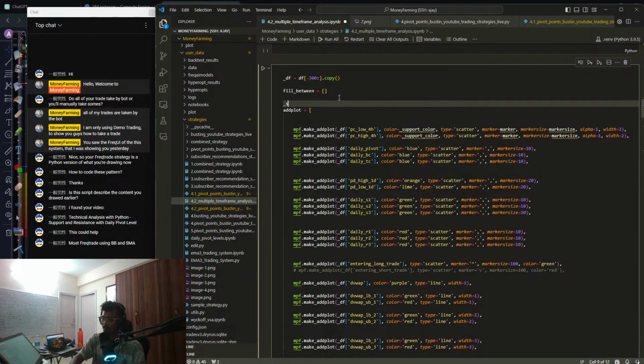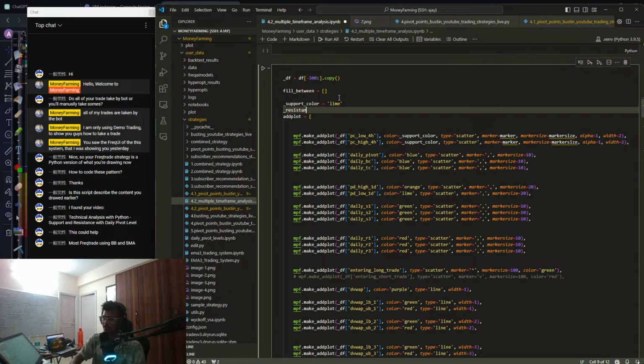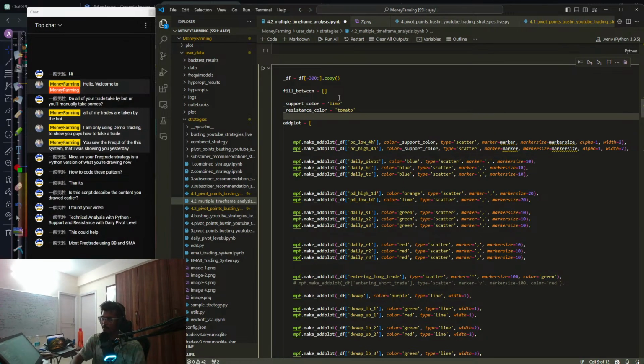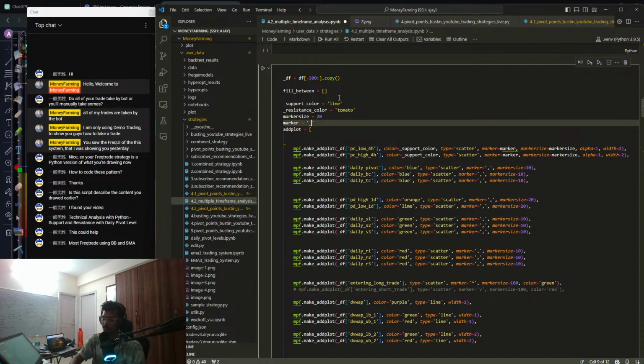You probably have. So support color, I want to keep it as lime, and resistance color, I want to keep it as tomato, and then marker size is going to be 20, I think. Marker is going to be like this.